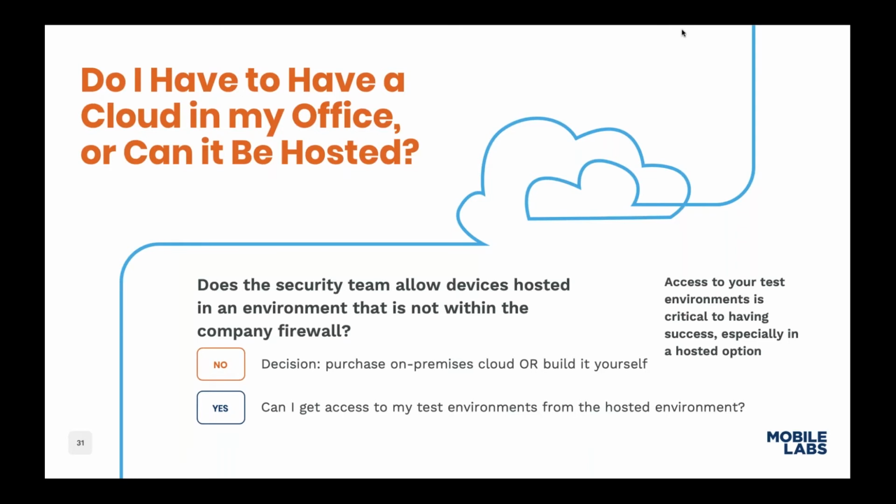And that is the number one challenge for hosting with a vendor. It's critical for your success to be able to get your test environments accessed by the devices with the vendor, whether that's through site-to-site VPNs, firewall rules, proxies, or proxy software you run on your computer. You need to figure out how to get access to your devices.